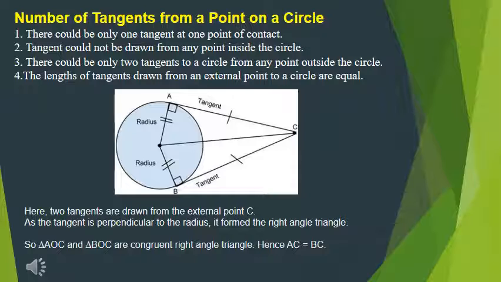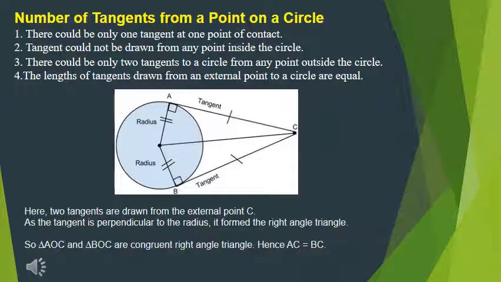Then the next thing, the lengths of tangents drawn from an external point to a circle are always equal. Using one external point when we draw two tangents, the lengths of these two tangents are always equal. All these points are important regarding tangents.